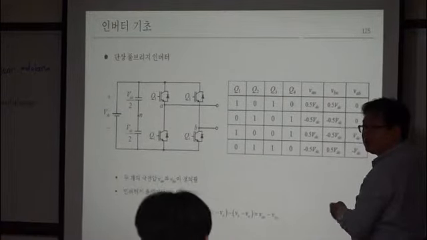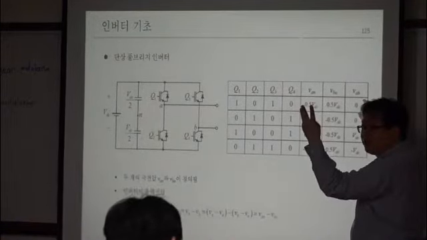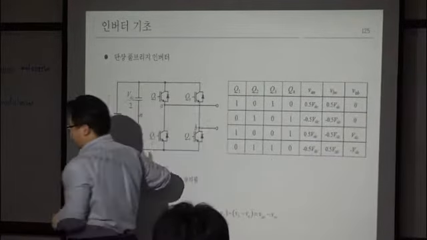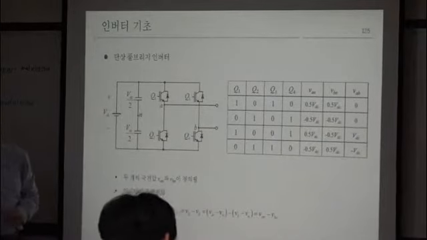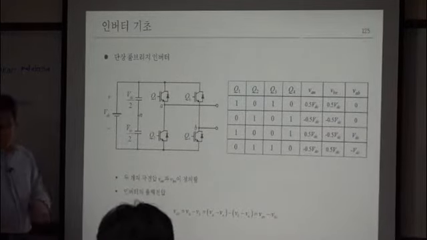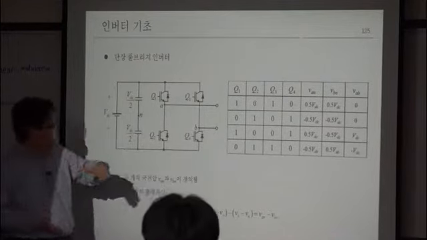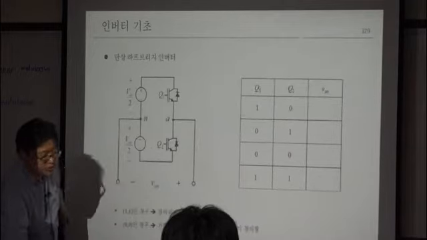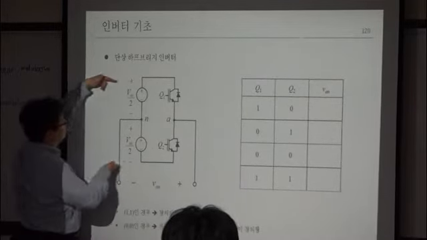So, is it 2 level or 3 level? 3 level, right? So, the single-phase full-bridge inverter has the capability of a 3 level inverter, basically. And previously, your entire input voltage was what?